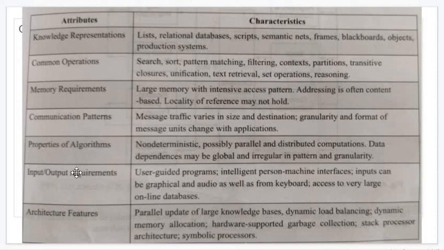Then IO requirement: whether the user should give the data, or there is a robot, or a sensor which will collect the input. Once the calculation is done, should the answer be given to the user, or collected by some actuators? Those are all discussed with respect to symbolic architecture.